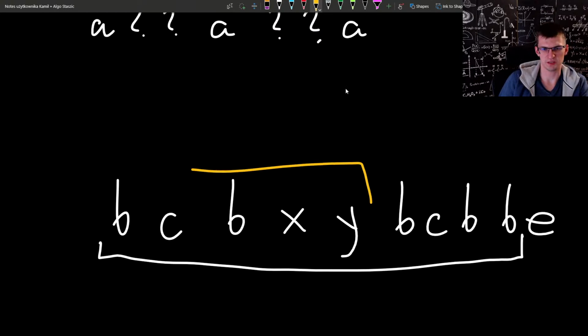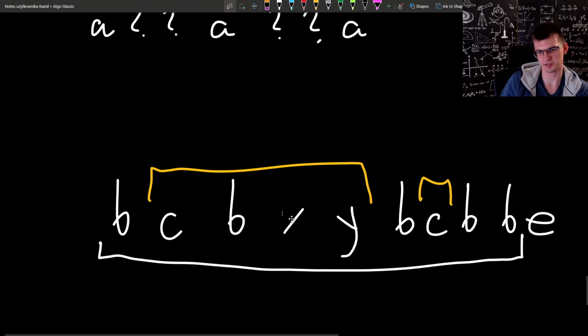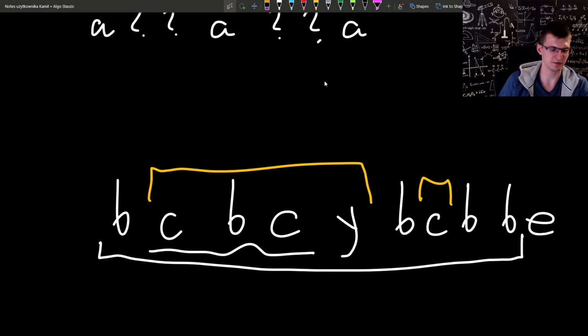Maybe it's this and that. Maybe not, maybe something else. Each of them you want to do separately. You want to know what's the minimum number of operations to create CBXY. This is a bad example because nothing smart will be done here, but let's at least consider CBC. Why? Because then this can be done a bit faster.